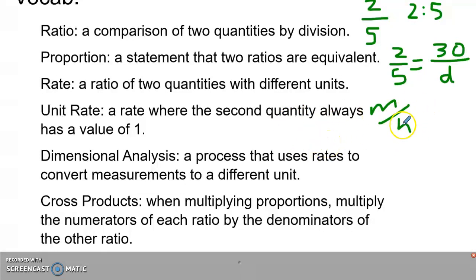So we make sure that we have those in terms of 1 because they're most easy to evaluate that way. If I know I'm going 30 miles per hour, it's easy for me to say, okay, I drove for 4 hours. How far did I go? 130 miles or 120 miles, right? If I had miles per 2 hours, then all my math gets just a little more complicated.